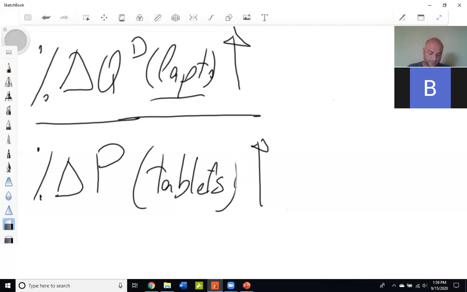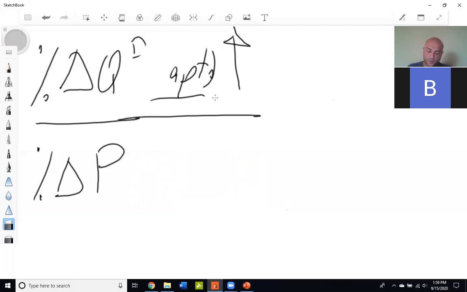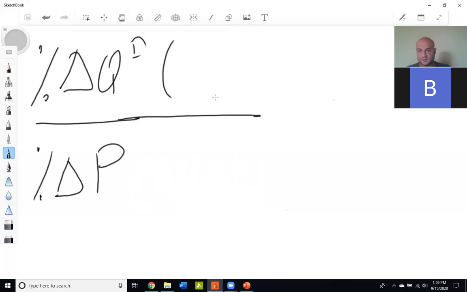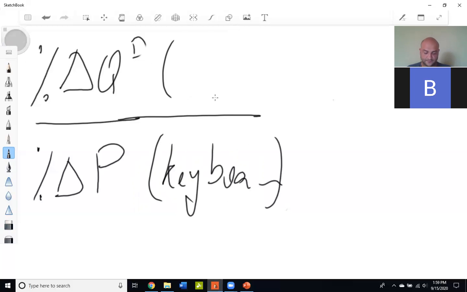But what about complements? When two goods are complements, you need them both together to be able to do a certain task. Let's say keyboard and mouse. Keyboard and mouse.